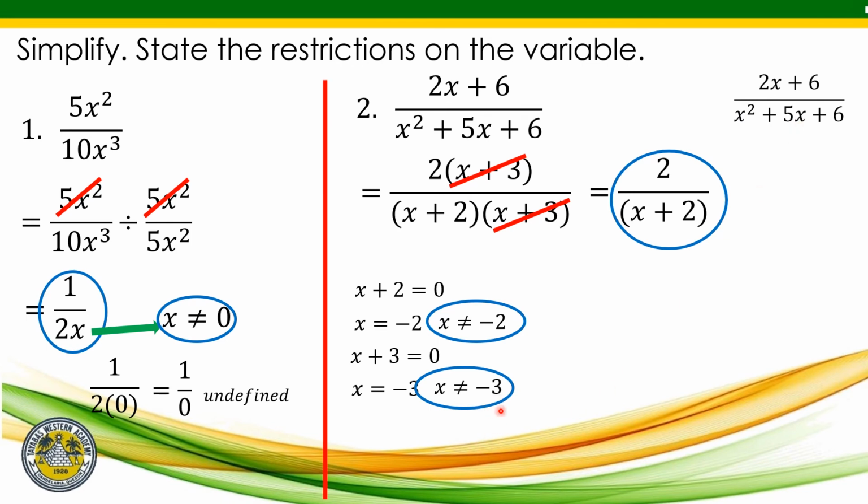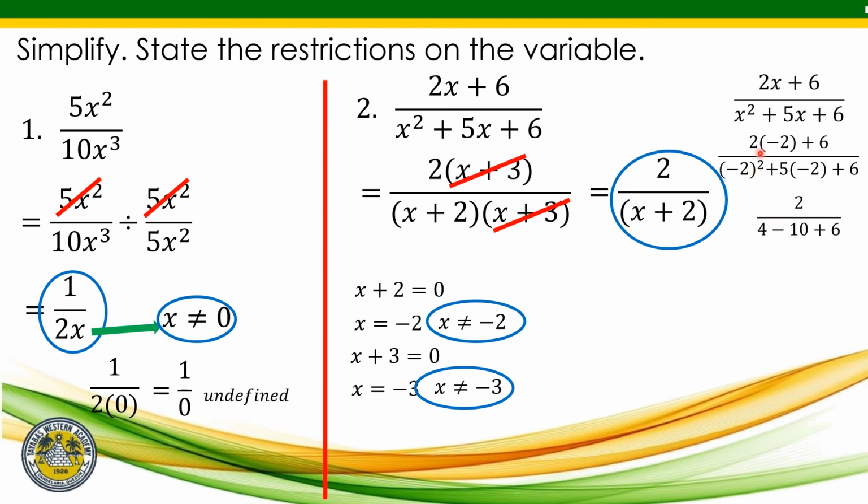So, yung kasunod is negative 3. So, kung gusto i-check parehas. Okay? So, 2 times negative 2 plus 6 over negative 2 squared plus 5 times negative 2 plus 6. Negative 2 ang pinalit natin sa numerator, yun din ang ipapalit sa denominator. Hindi pwedeng magkaiba.